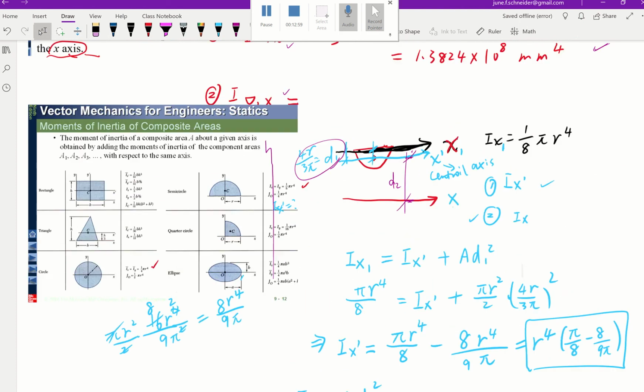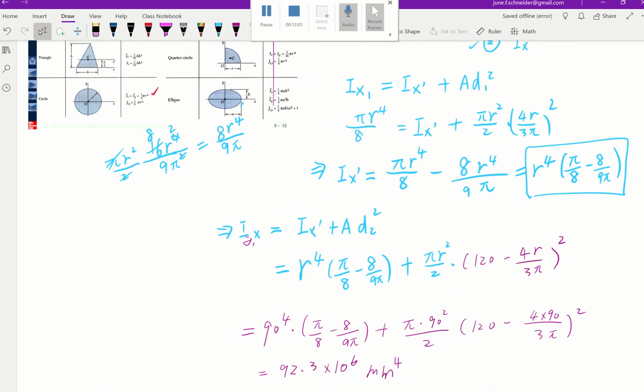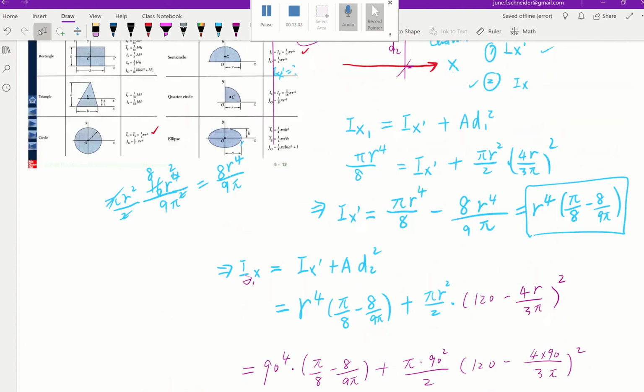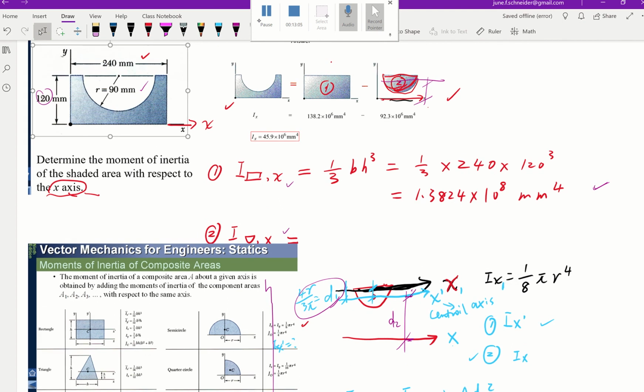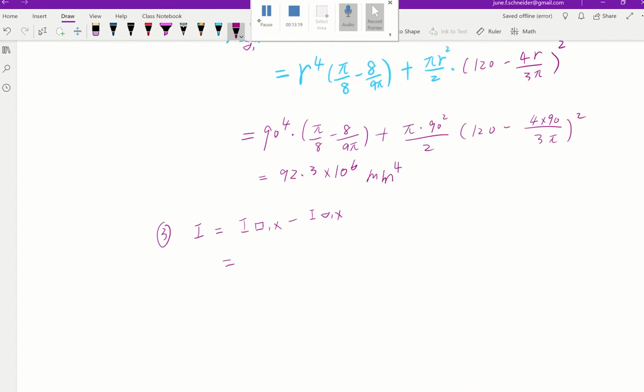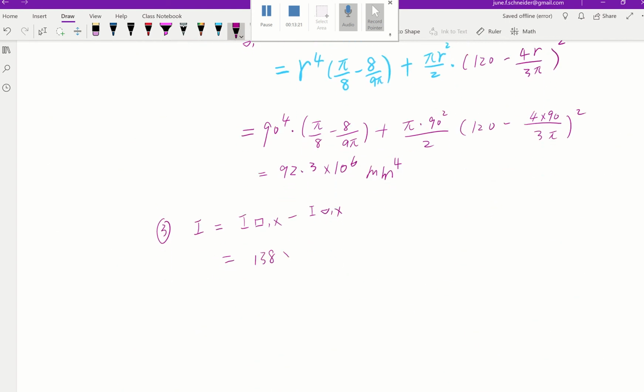Our rectangle value is 1.38, or that's going to be 13.8 times 10 to the power of 7, or 138 times 10 to the power of 6, right? So it's 138 times 10 to the power of 6 minus 92.3 times 10 to the power of 6.